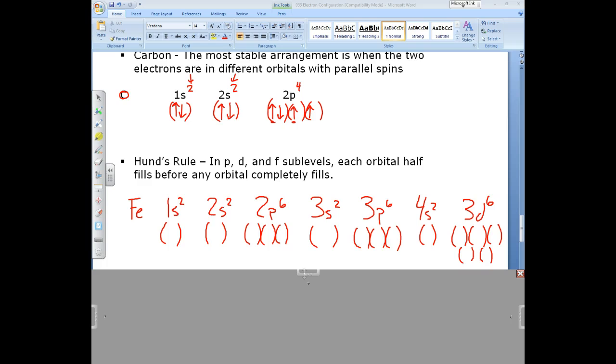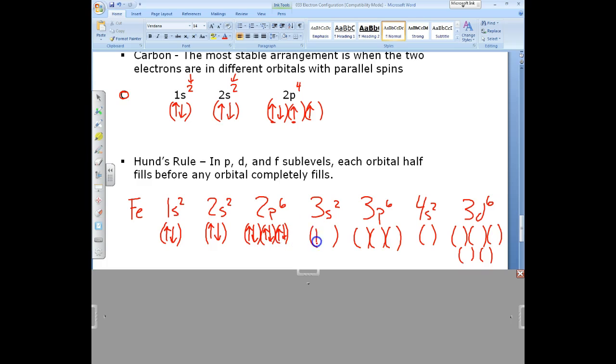Okay. Now let's go in and put our electrons. So back at 1s2, that means I have 2 electrons, so the first one's up, second one's down. 2s2, 1 electron's up, other electron's down. Now I have 2p6, so first one's up, second one's up, and the third one's up, because of Hund's rule. Then down, down, down.